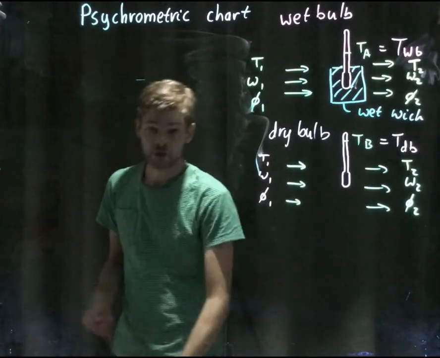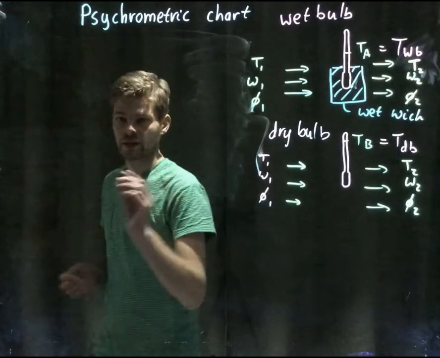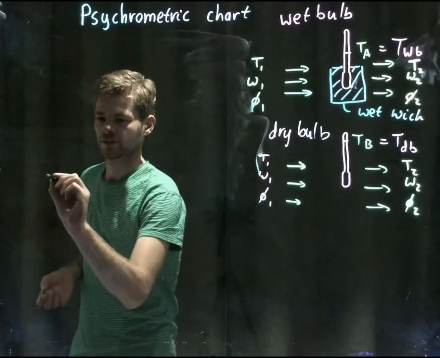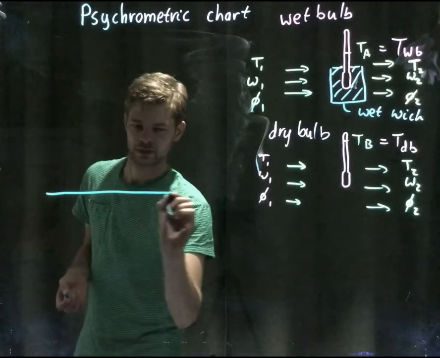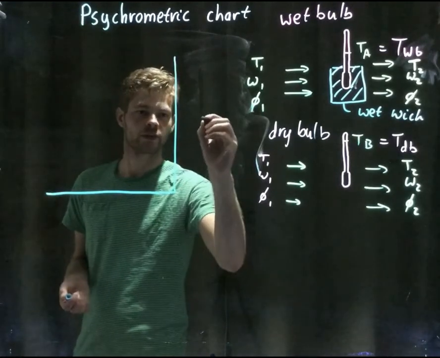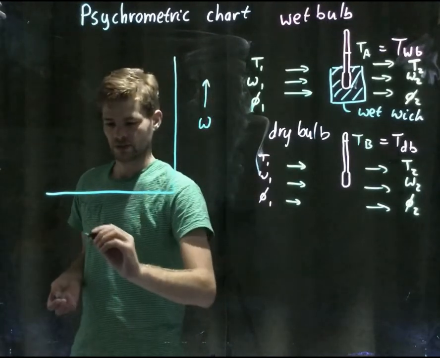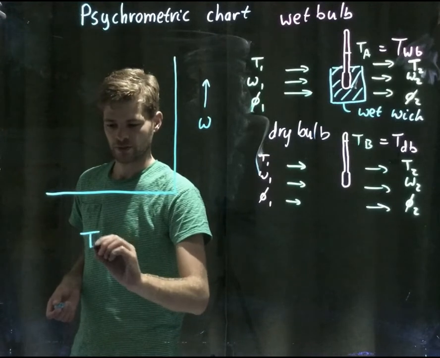Now I'm going to dive into the psychrometric chart. And let's first draw a system of coordinates. So over here, we've got the horizontal axis, we've got a vertical axis, and on this vertical axis we've got the specific humidity, and on the horizontal axis we've got the temperature.